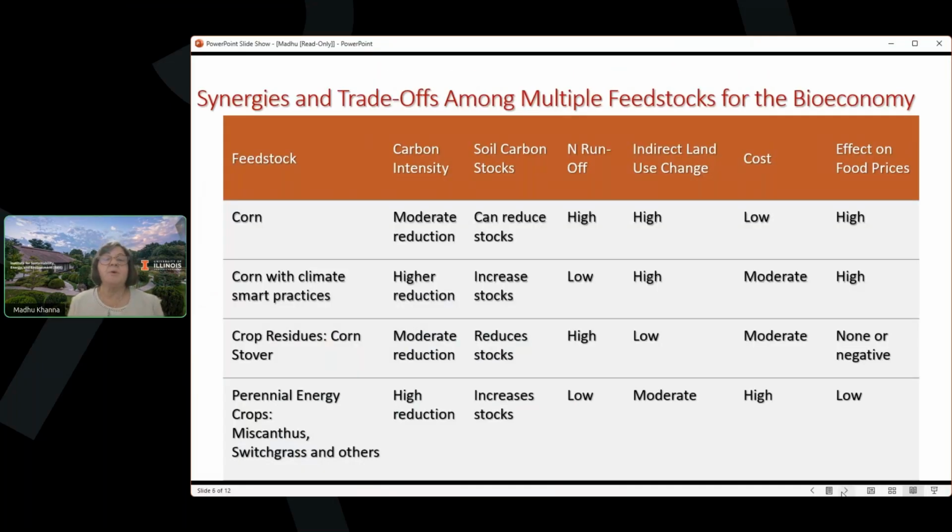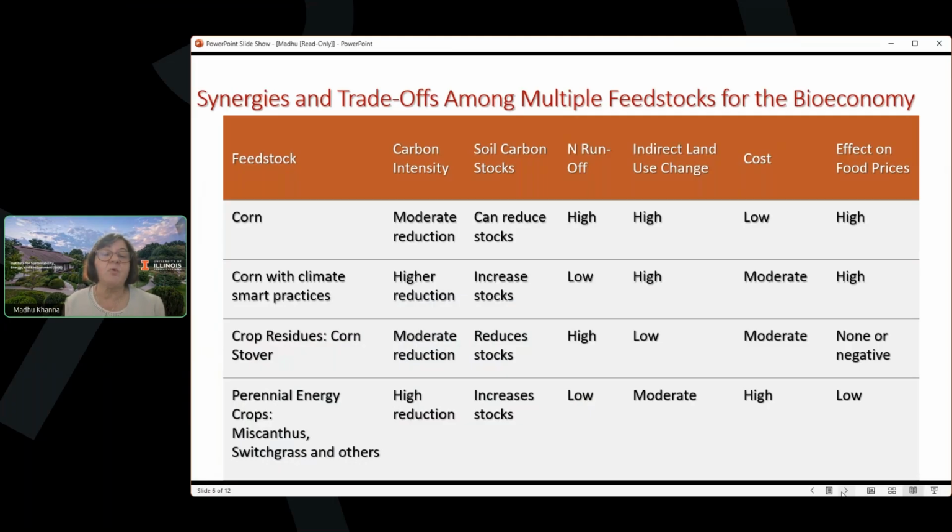And so these different choices that we have, for example, for feedstocks, have numerous impacts that can vary depending upon what we are trying to measure. So, for example, corn is a readily available feedstock for the bioeconomy. It can moderately reduce carbon intensity, but it can have negative impacts on soil carbon and cause nitrogen runoff and indirect land use change and so on.